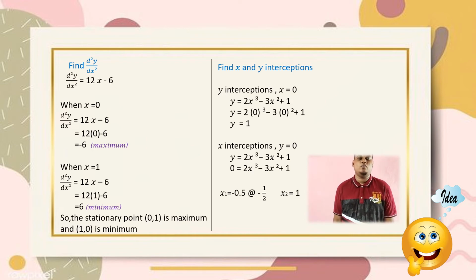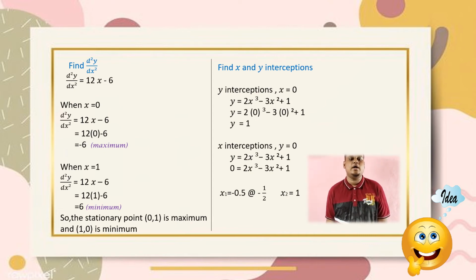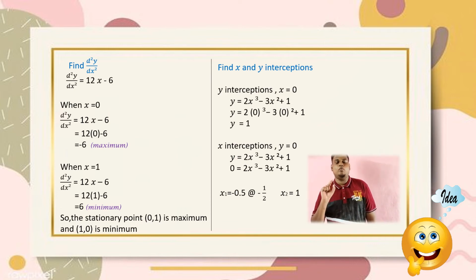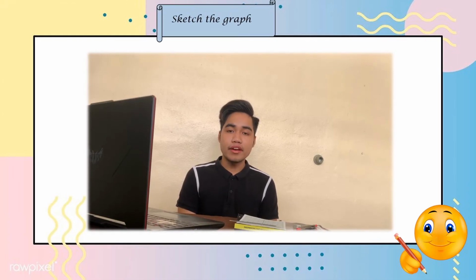So we get 1. Now for the x-intercept, we put y equals 0. From the equation, we factorize. We get x equals 1 and x equals negative 1 over 2.